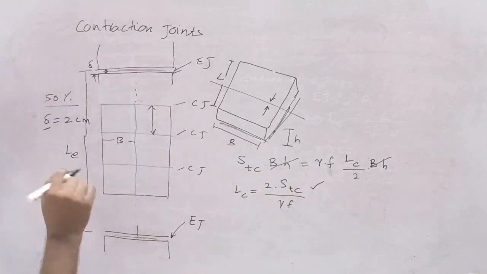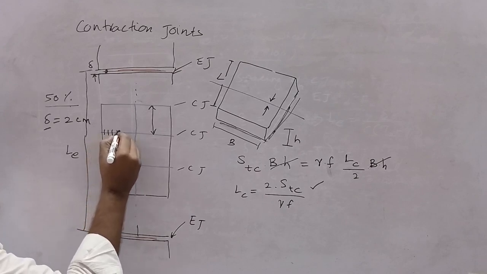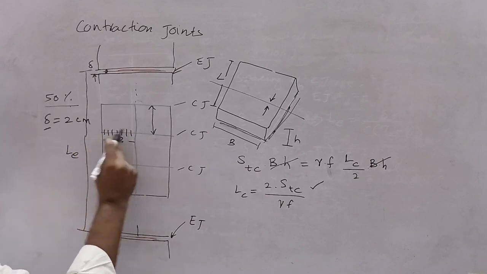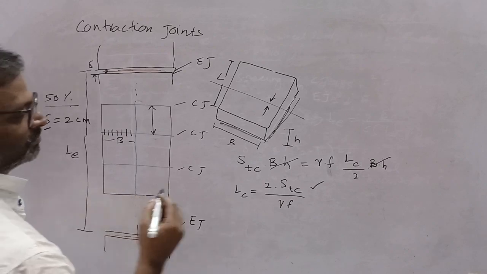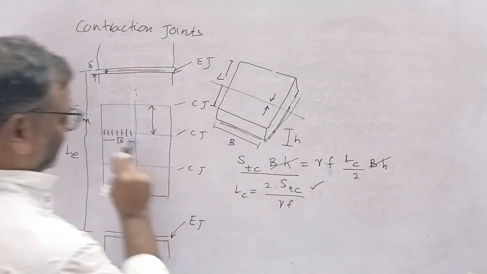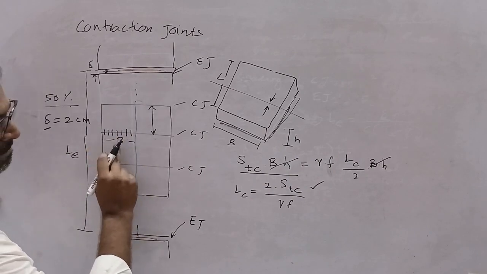And if steel is used along these transverse joints, then what happens? Instead of the tensile stress of concrete, the tensile stress is replaced by steel.